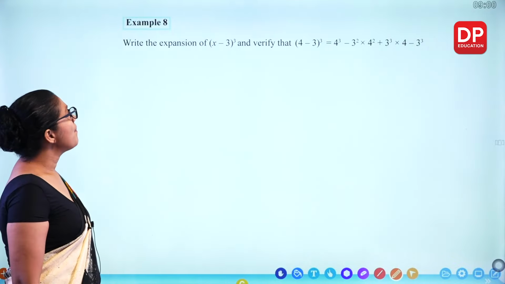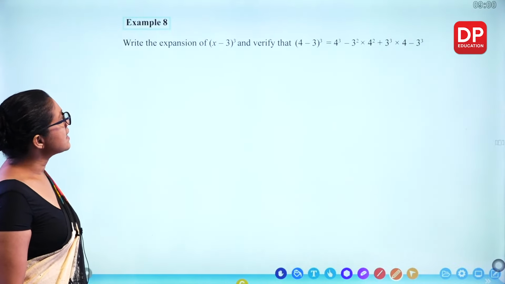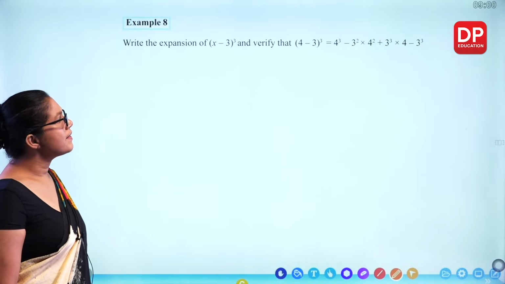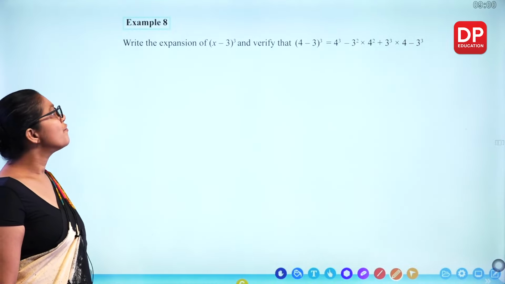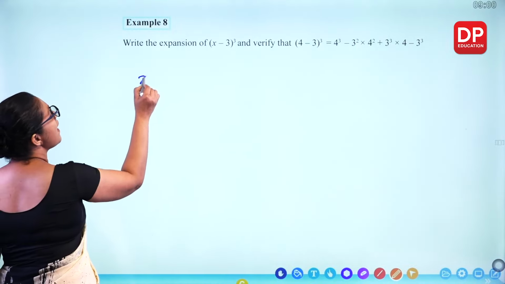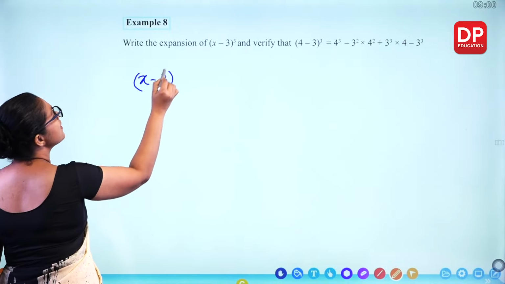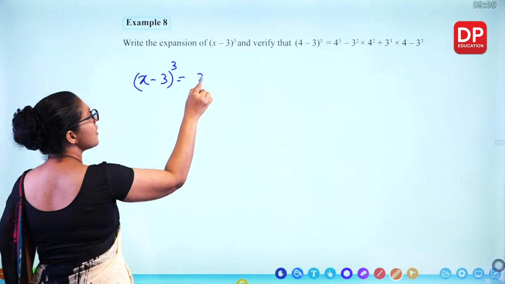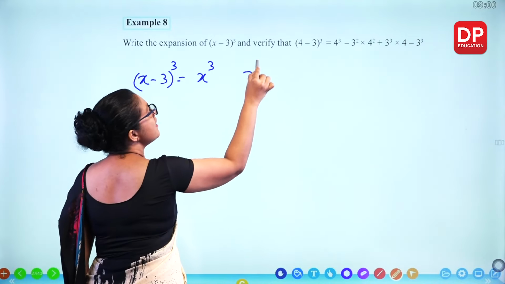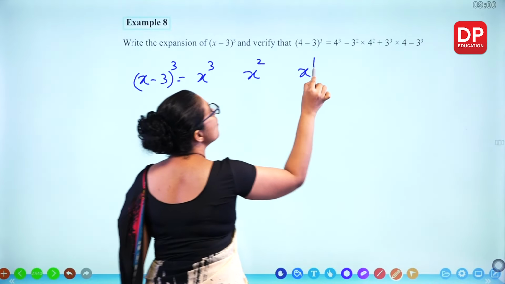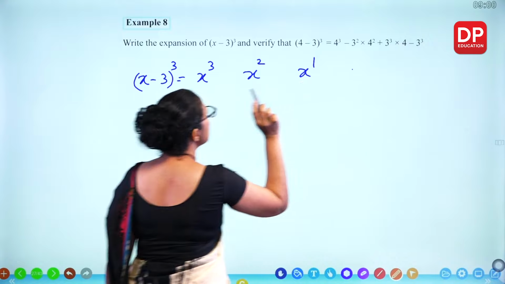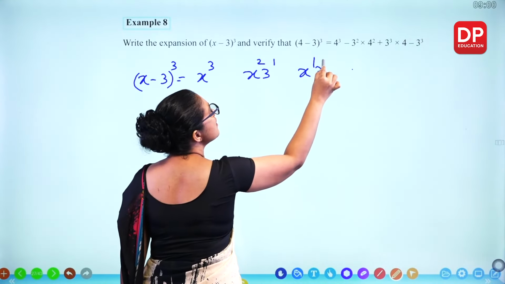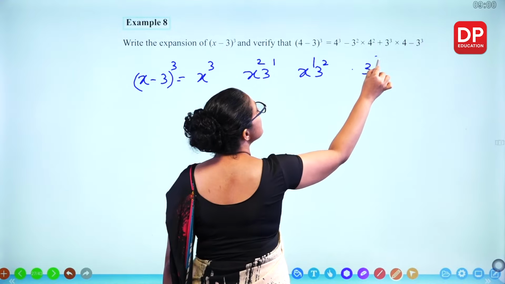Now we'll look at example number 8. Write the expansion of x minus 3 to the power 3 and verify that with this. So first thing you have to expand and write down power 3. So what is power 3? You get first term power 3, reduces the power by 1. Second term 3, starting with this one, the power increases.